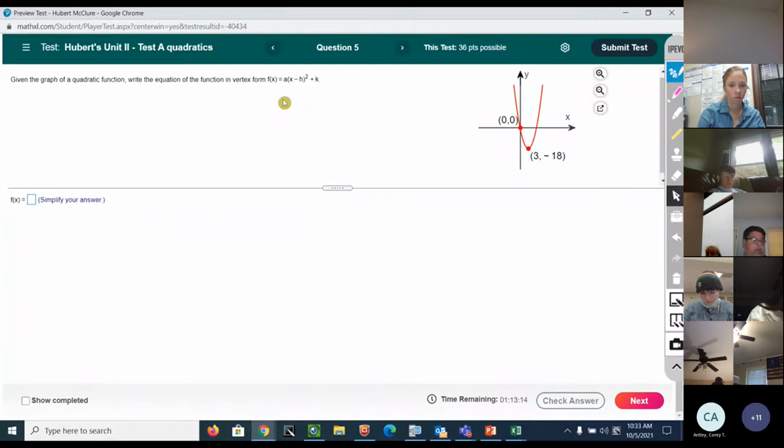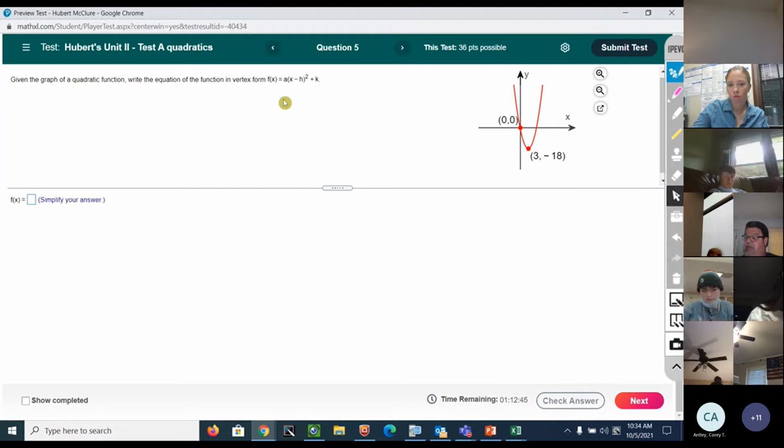Oh, I know what I did wrong. I didn't use their, okay, we've got a vertex right here. I didn't do that first. See, we've got f of x. I didn't see that. f of x is equal to a times x minus h squared plus k. And we've got a vertex of 3 and negative 18. We need to plug that into this.